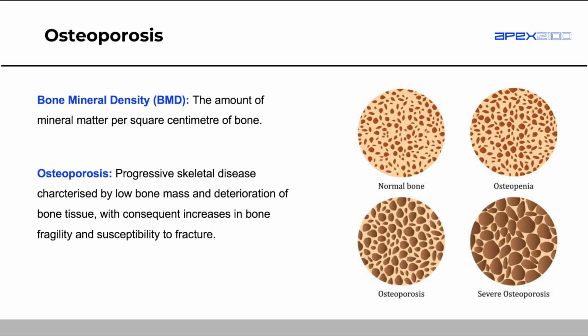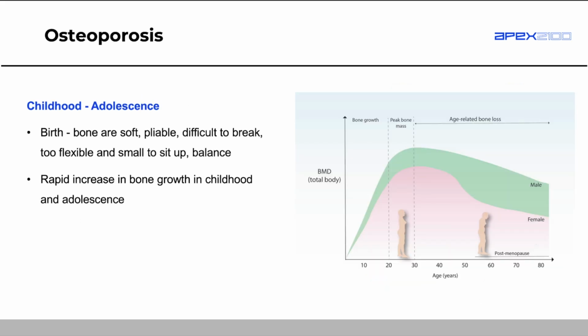Now let's have a look at the normal trends of our bone density across the lifespan. So when we're born, our bones are soft and pliable. They're difficult to break. This is why, I'm not sure if you've seen this before, but giving birth, the nurses and the doctors will pull the baby out of the vagina, and they're not gentle with it.